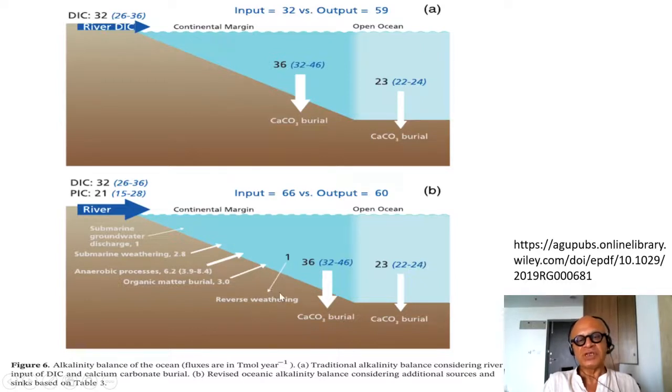We have already mentioned it. And again, you have the same number for calcium carbonate burial in the shelf area and the open ocean. So now you have input of 66 teramoles per year and output of 60. So you have reduced the imbalance of alkalinity by a lot.